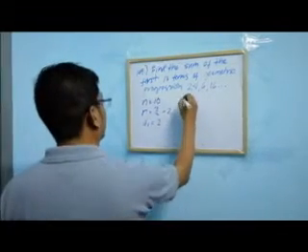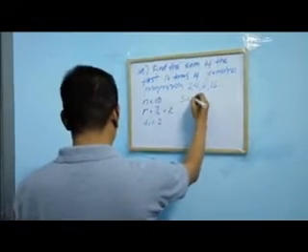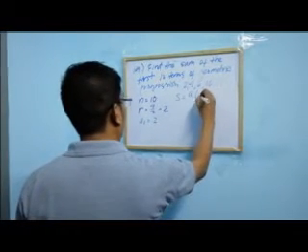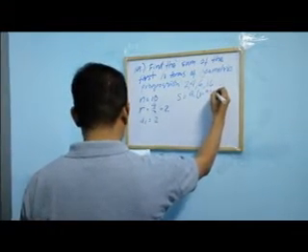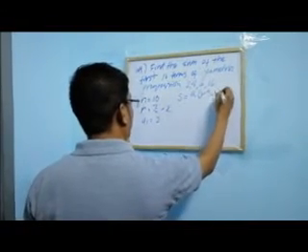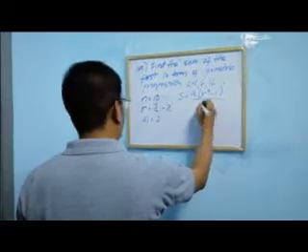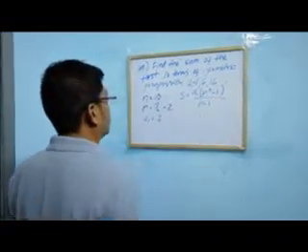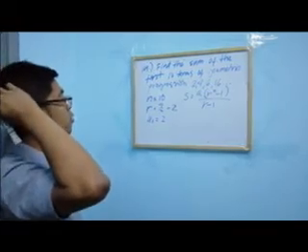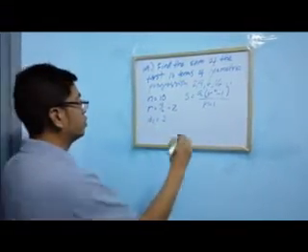So the formula is S equals a1 times r to the n minus 1, all over r minus 1. This is the formula for the sum of a geometric progression.